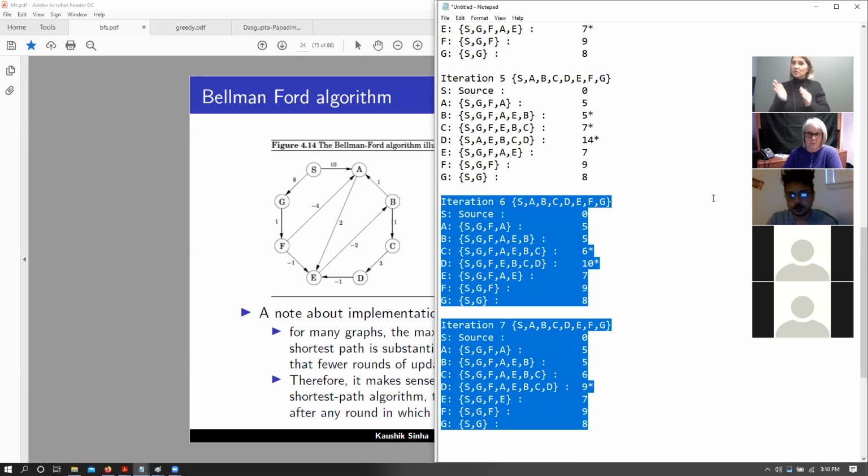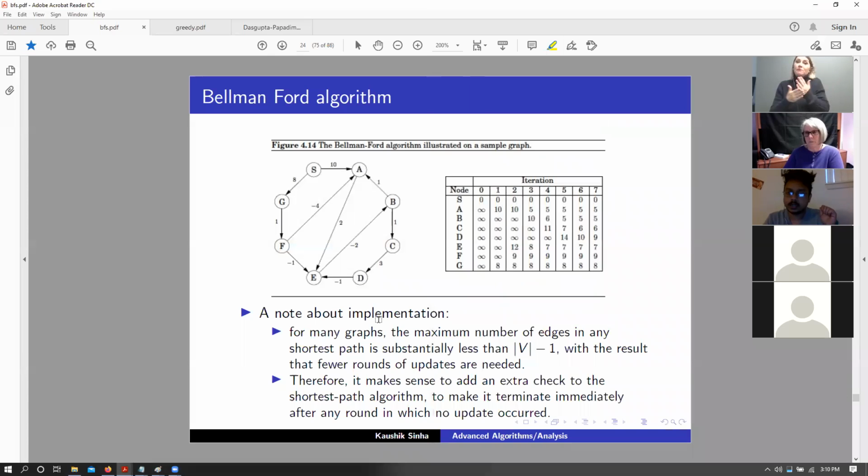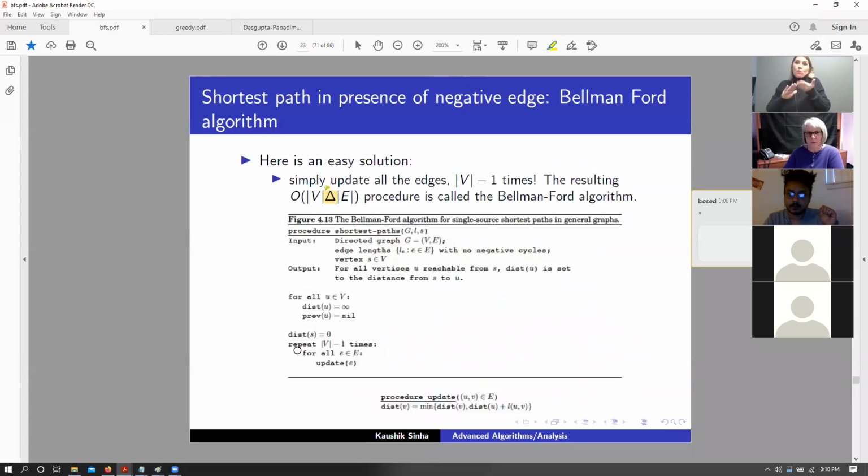Since we updated certain vertices, only the vertices that depend on these are required to be updated. So if none of them are updated, that means none of them require any further changes. So we can stop our algorithm right after that, without running the entire length of V minus 1 times. Does that make sense?